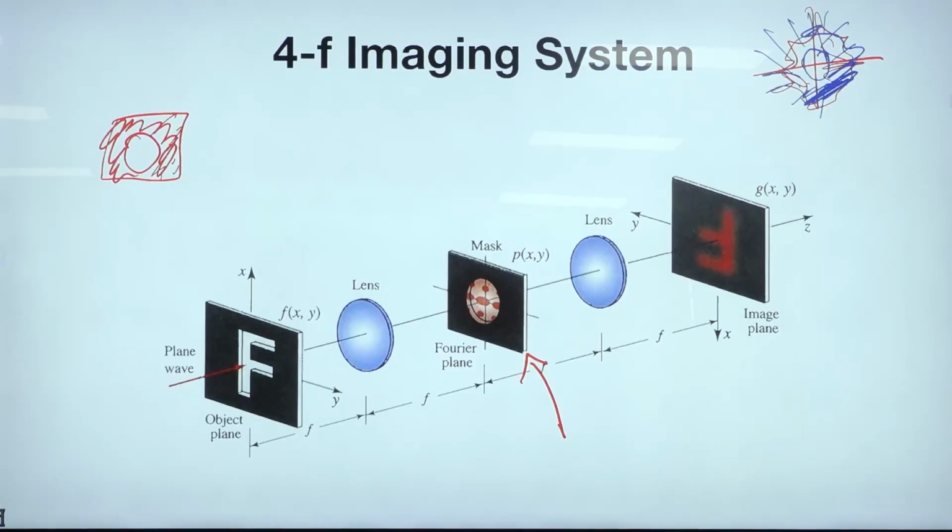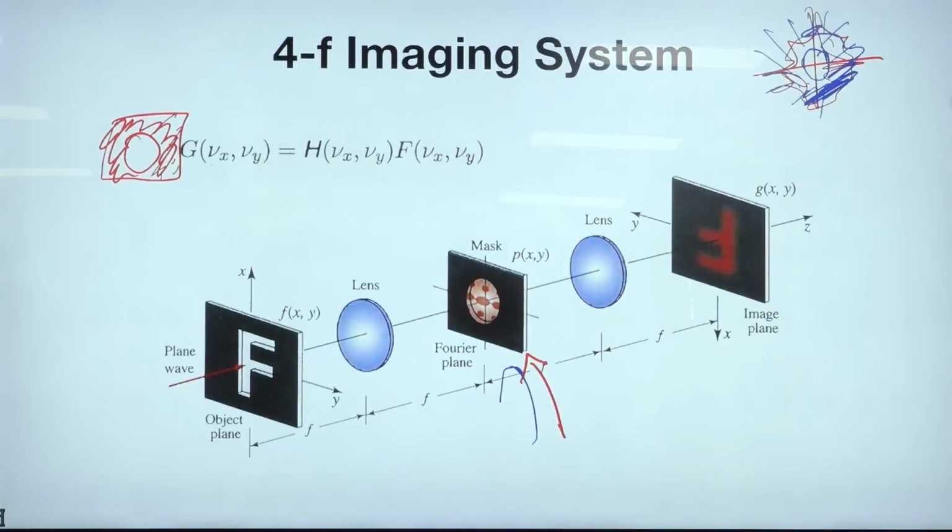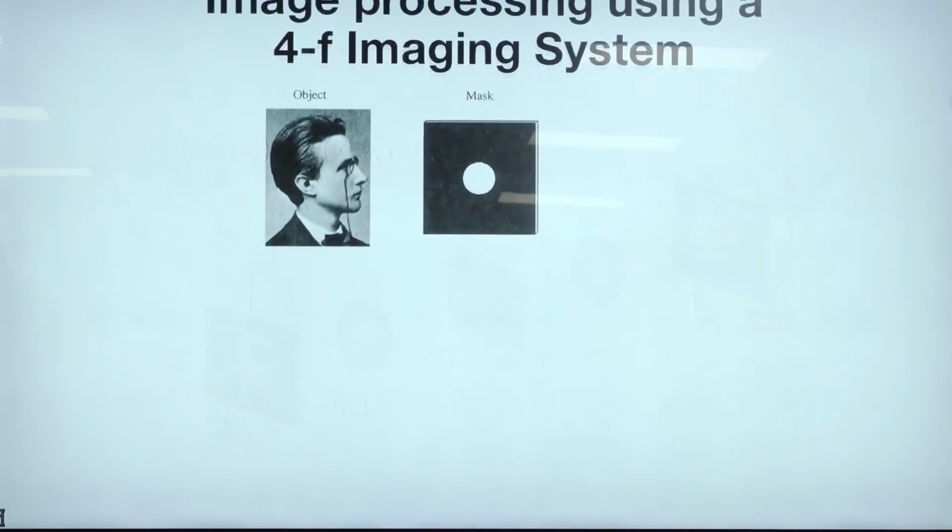Let me actually show you a picture. I have an object, and I have a mask that I put in this location over here, which keeps low frequencies and removes high frequencies.